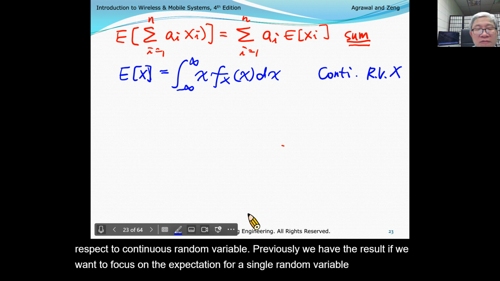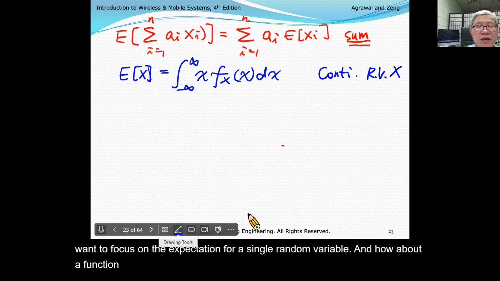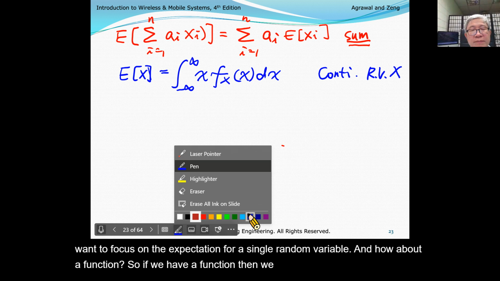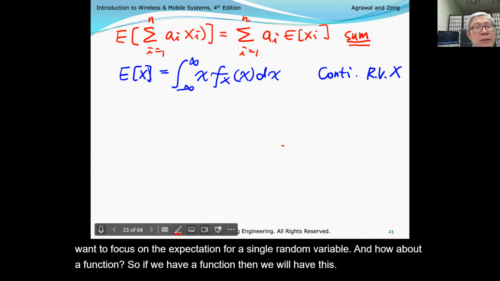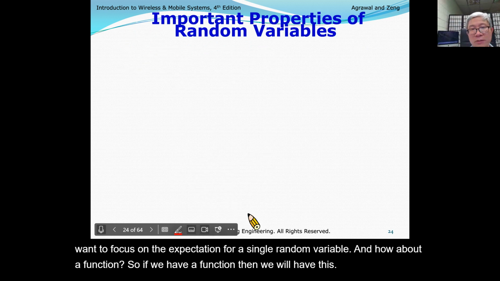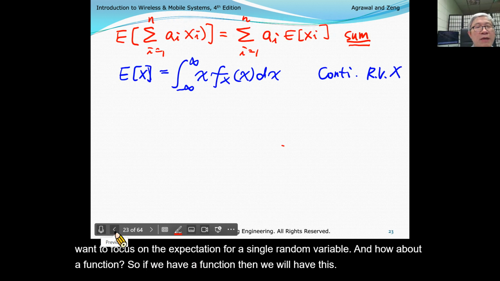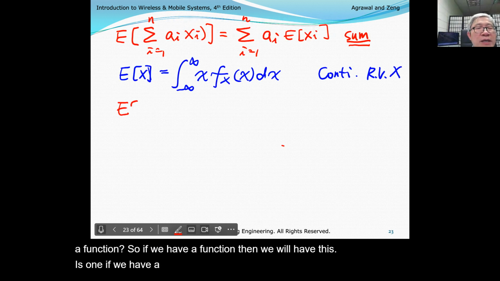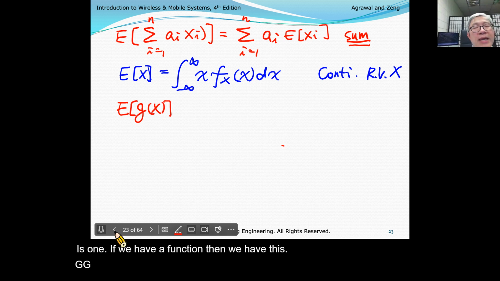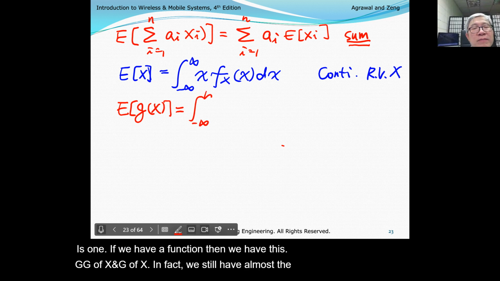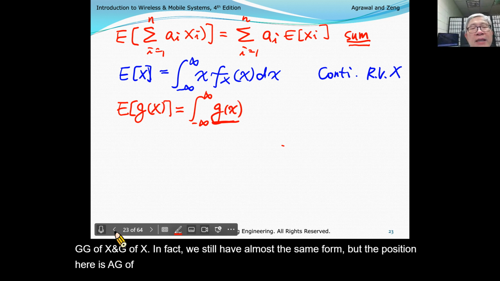And how about a function? If we have a function, then we will have these. G of x, and for g of x, in fact, we still have almost the same form, but the position here is g of x, and we won't change the others.